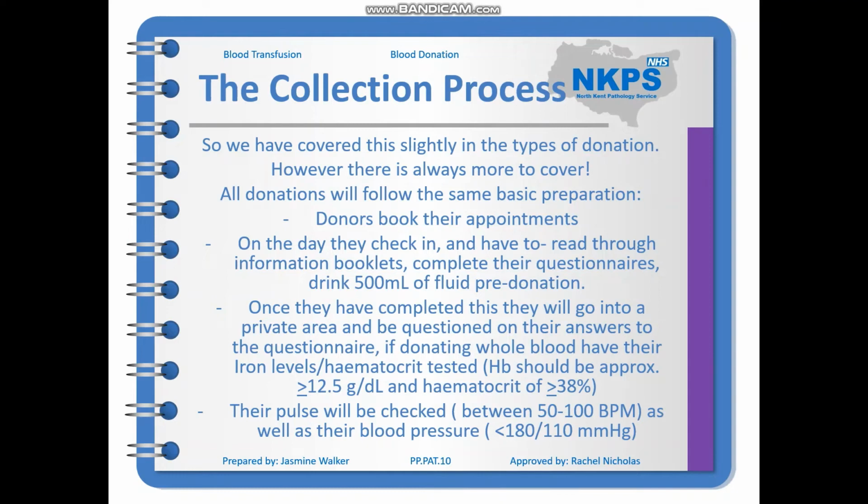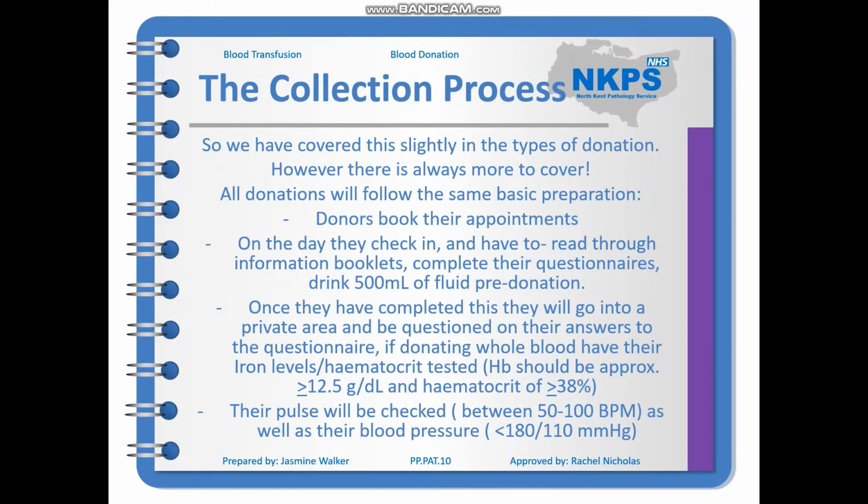This is a way of giving us a hemoglobin level. So the Hb should be at least approximately greater than 12.5 and the hematocrit greater than 38%. Hematocrit is the ratio of blood to plasma. Their pulse will be checked, and so will their blood pressure.